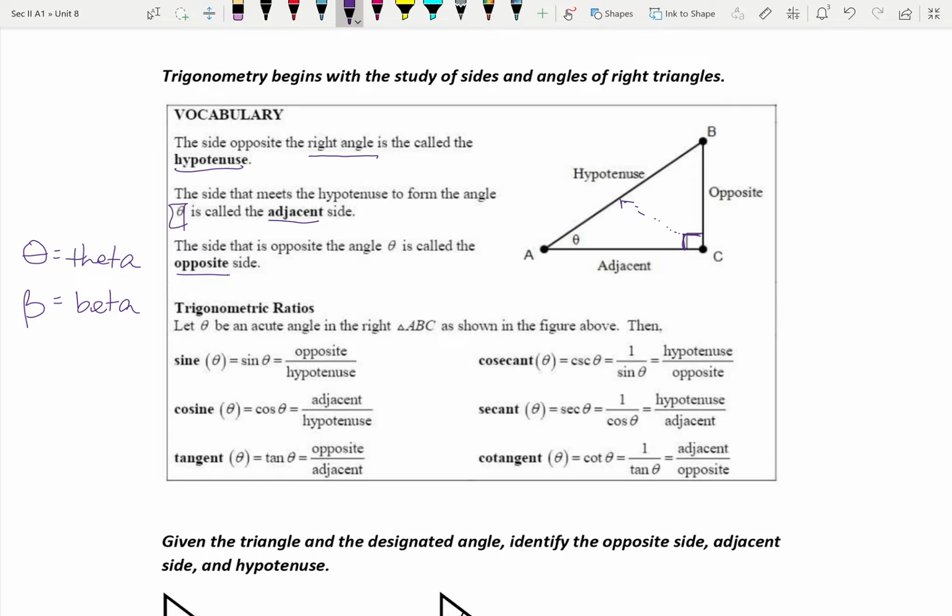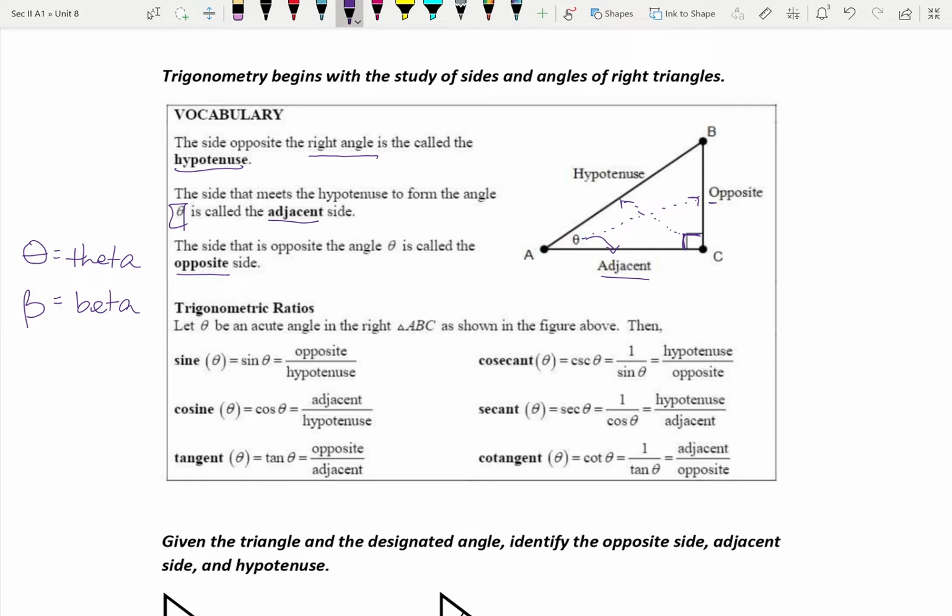But either way, it doesn't matter what Greek letter you use, it's just referring to the angle. So the side right next to the angle is called adjacent, and then there's another opposite side, and those words are going to be super important when we go to define them.